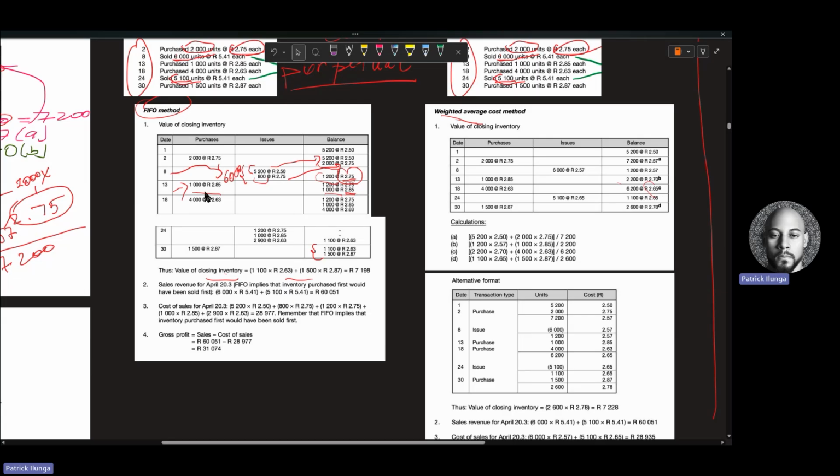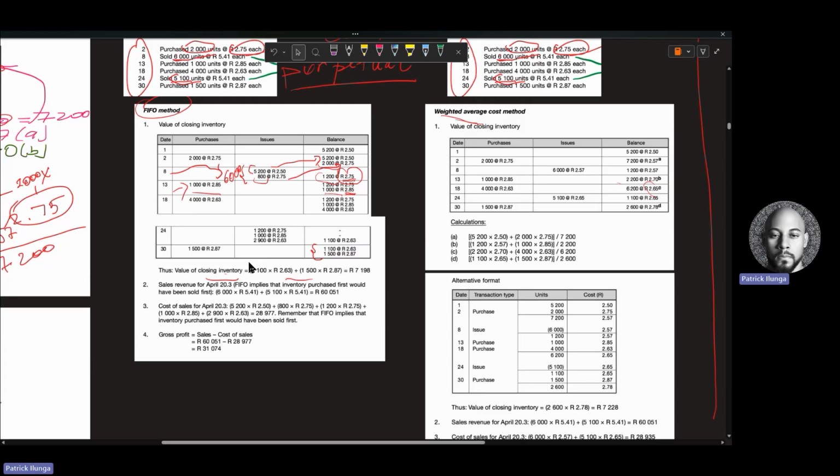From the 4,000 that came last, we will take 2,900 units. Remaining will only be 1,100 units at 2.63, because the last batch is what we take from to get to the total. And this total is exactly 5,100 units. Makes more sense.